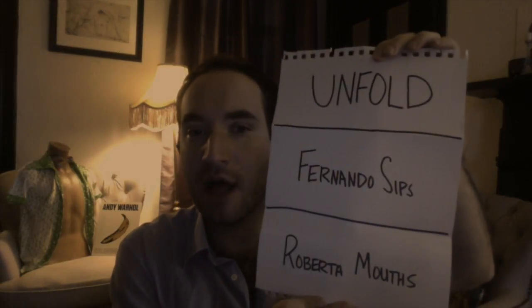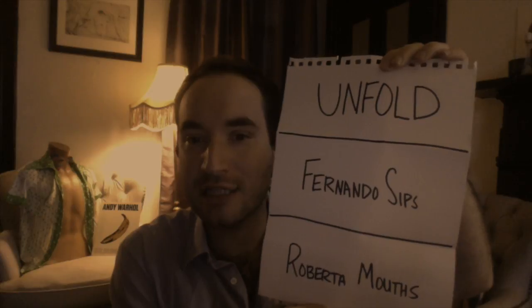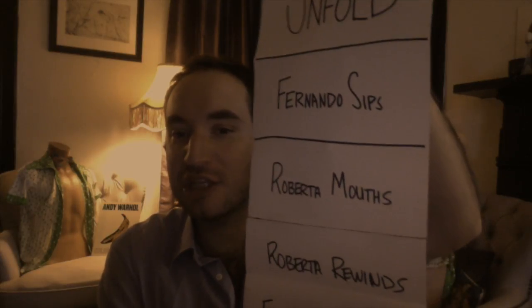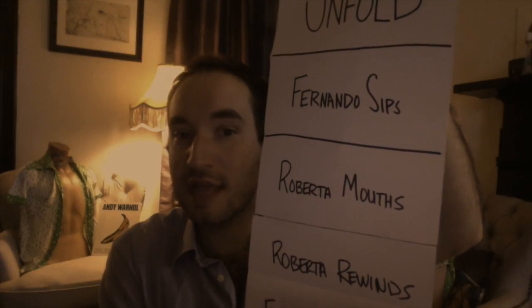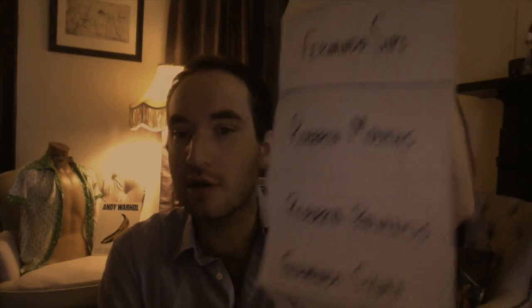So here we are, in the living room of Fernando and Roberta. We're right there, and I've got this unfolding guide. So let's go over what it would feel like if we were immediately there, beat by beat. Fernando takes a sip of his wine. Roberta mouths the words to her Jane Fonda tape. As she does that, she stops and rewinds, listening to the same part over.